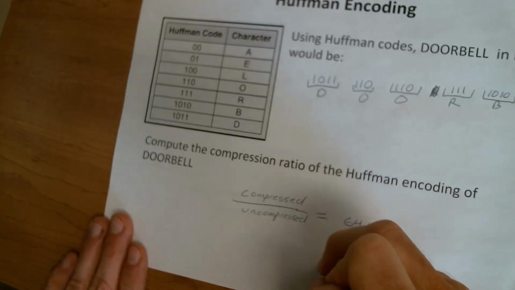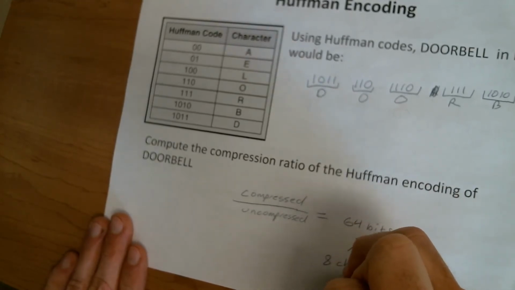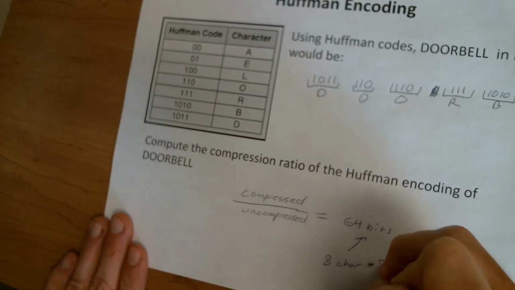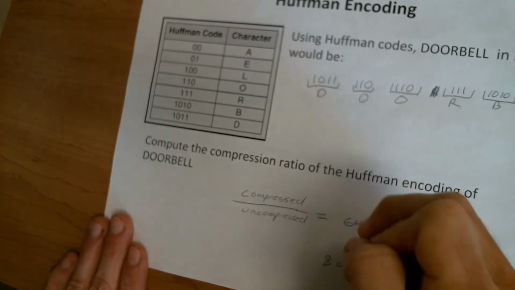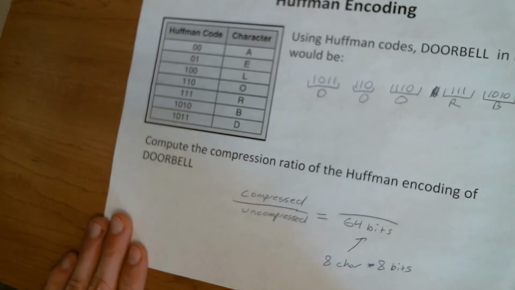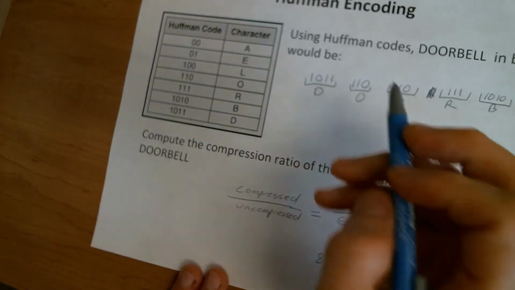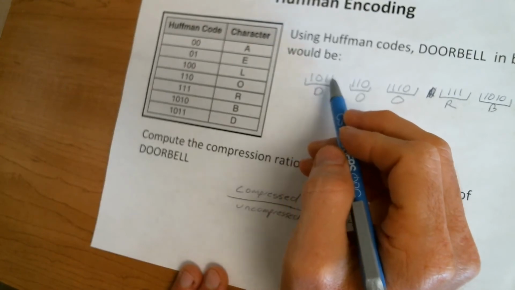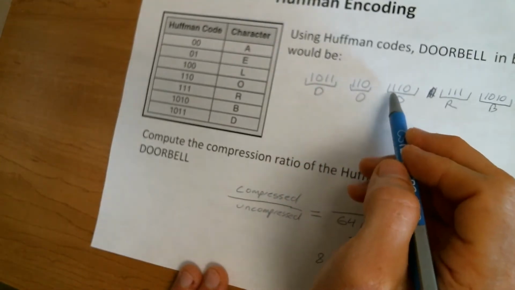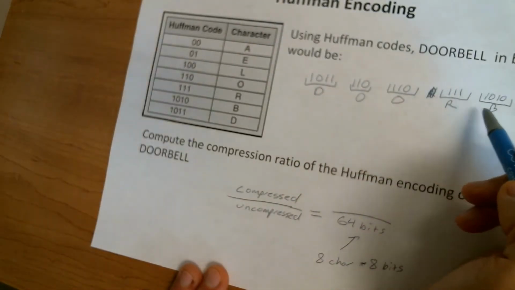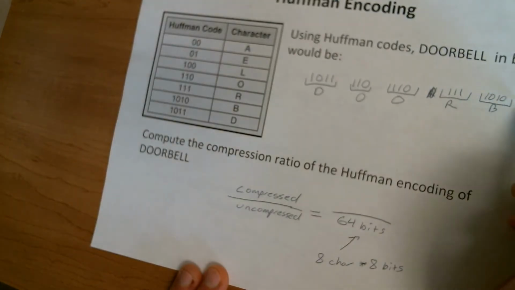And again, that's coming from the 8 characters times 8 bits per character. And then the compressed version would be 25 bits, I believe. 1, 2, 3, 4, 5, 6, 7, 8, 9, 10, 11, 12, 13, 14, 15, 16, 17, 18, 19, 22, 25.